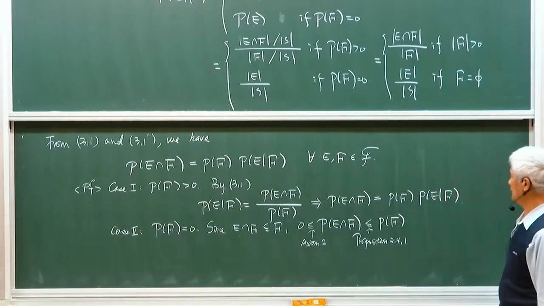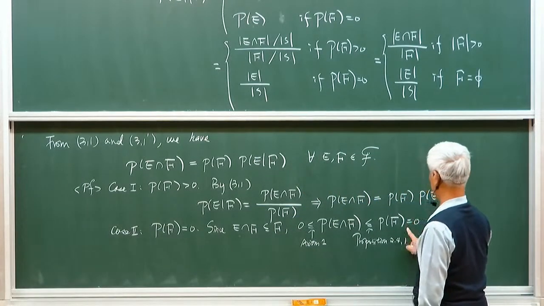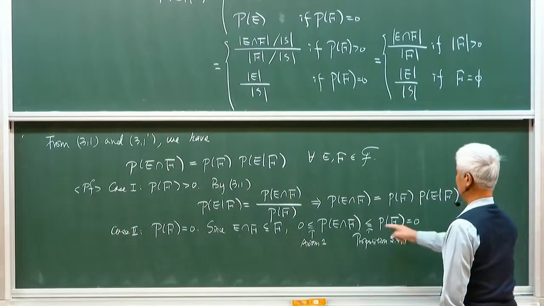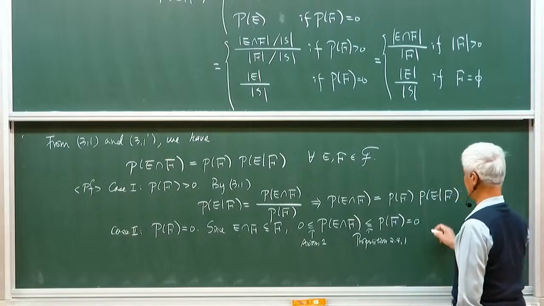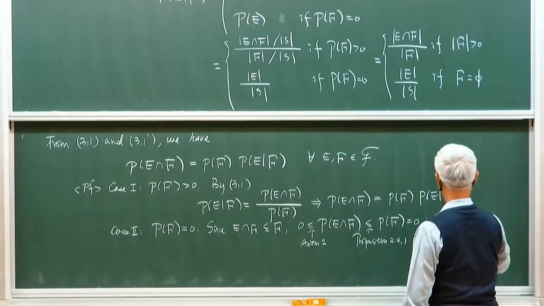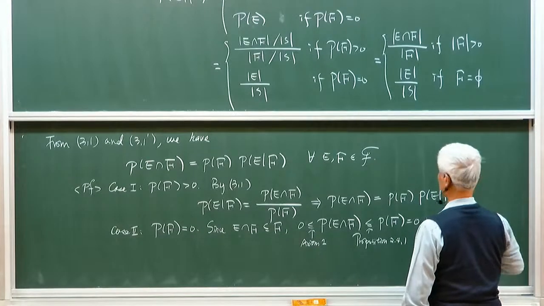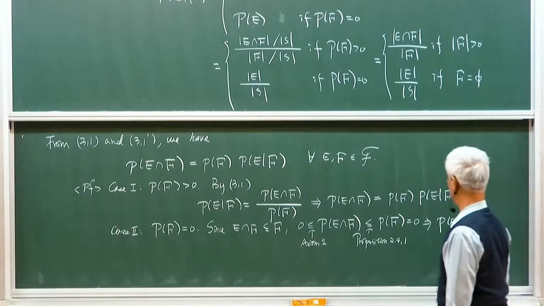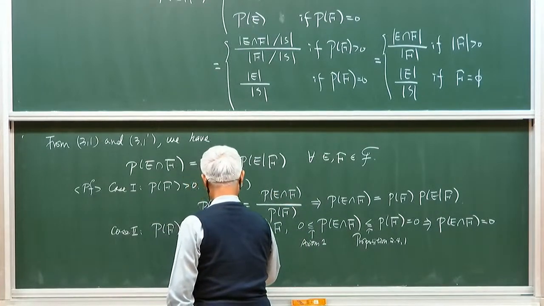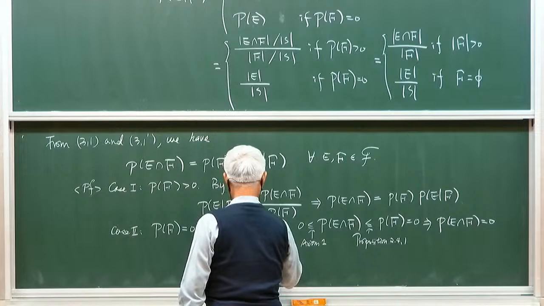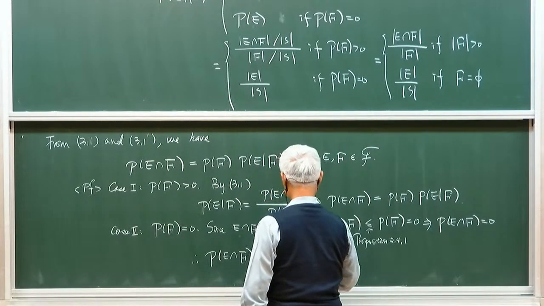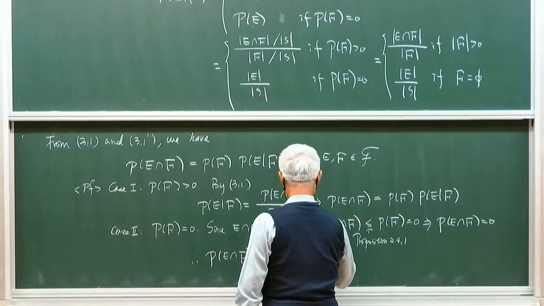But this is 0. So by the sandwich theorem, we know the probability of E intersect F is also equal to 0. So the probability of E intersect F is equal to 0, and the 0 is equal to 0 times the probability of E given F.